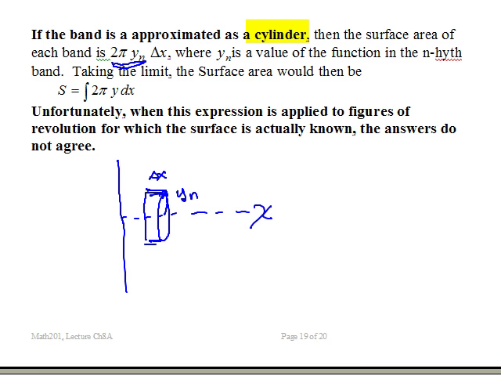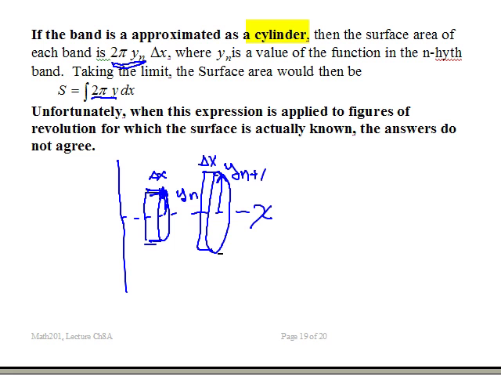So for a cylinder, it would be 2 pi r times the height. For the surface area, here you've got 2 pi, and y is this distance up to here. For example, if you had another cylindrical band up here, this is y, say n plus 1, and there's your delta x here. Okay, 2 pi y dx.